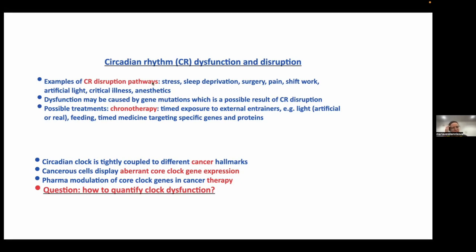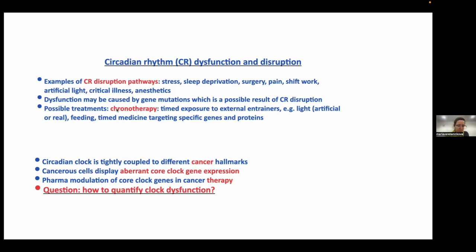The pathways include stress, sleep deprivation, pain, and shift work, which is very prone to problems with the clock, which leads to many different problems with health, and there are some others as well. One of the possible results of the circadian rhythm disruption is gene mutation, which can lead to dysfunctionality.